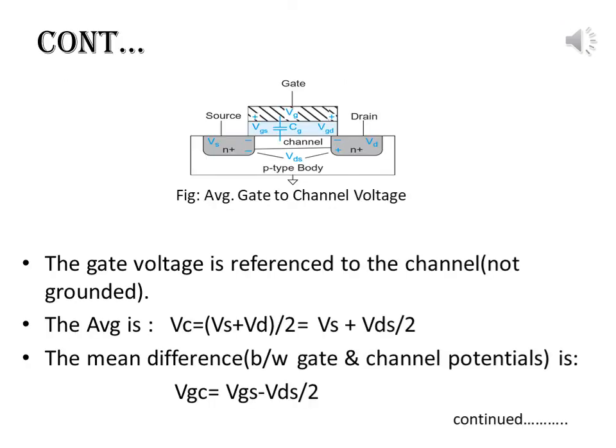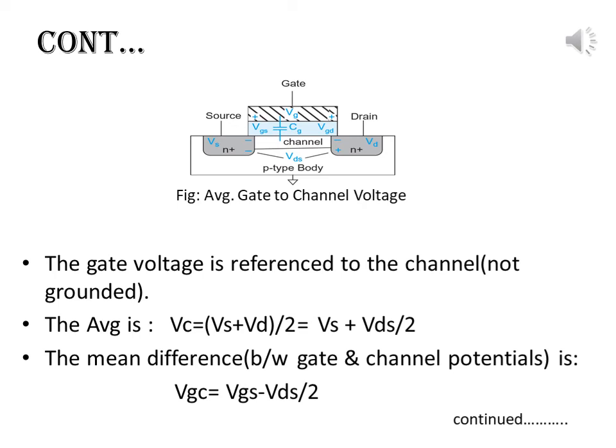By referencing the gate voltage to the channel, and here the channel is not grounded, if the source is at Vs and the drain is at Vd, then the average Vc is equal to Vs plus Vd divided by 2, or it is given by Vs plus Vds divided by 2.